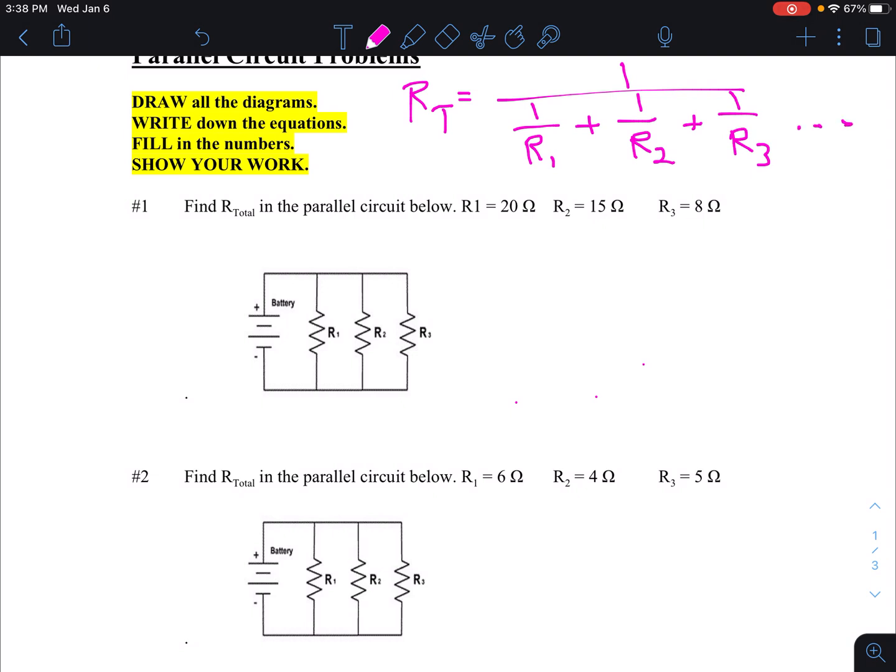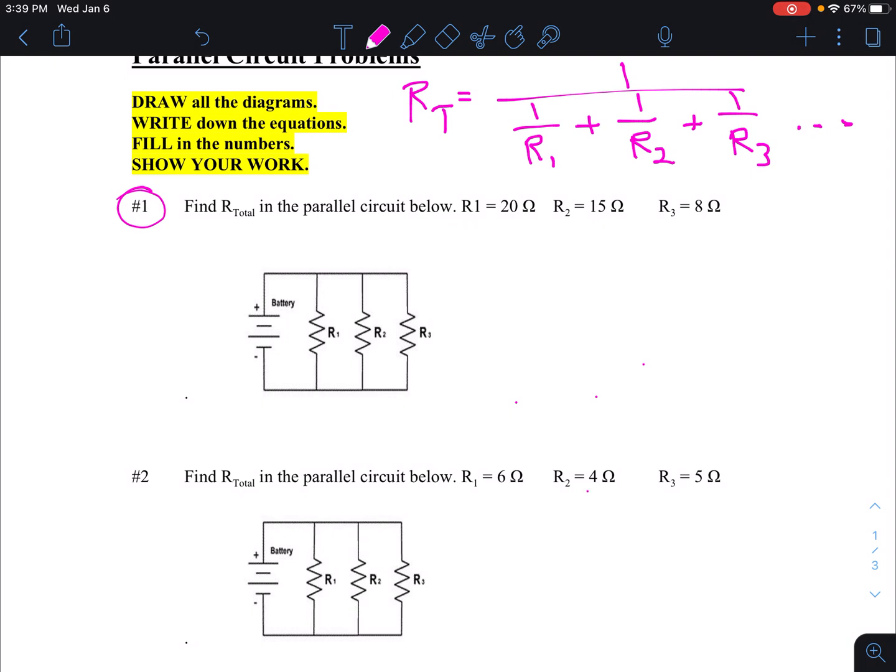It just shows that if you had another resistor, like resistor number 4, you would add 1 over that resistance. However many you have, you'd go 1 over R4 plus 1 over R5 plus 1 over R6, plus however many there are total. Okay, so that's it. This first example here, I'll do this problem for you.